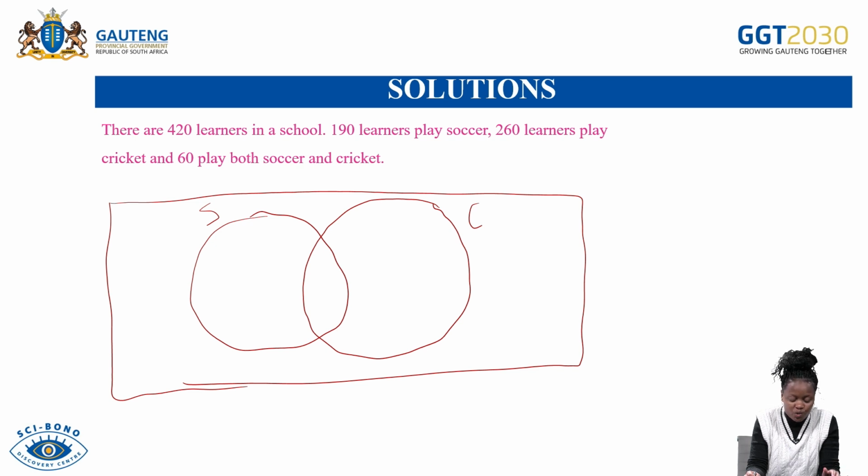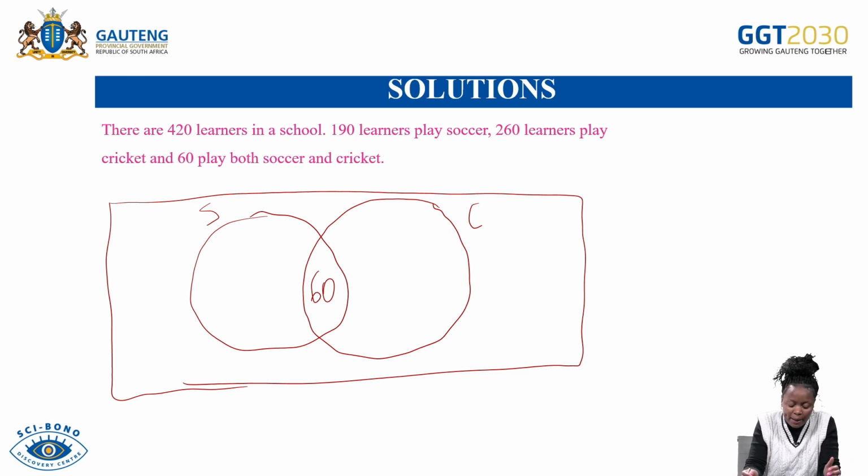We are also not interested in that as yet. And then 60 play both soccer and cricket. We are interested in the intersection. So they're saying they play both soccer and cricket. So in between here, I have the 60, right? So the 60 is for the intersection of the learners who are playing both soccer and cricket.